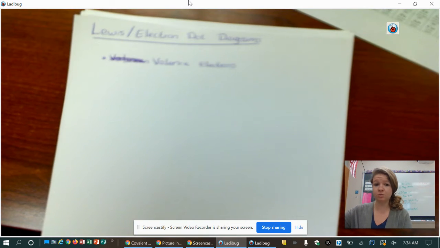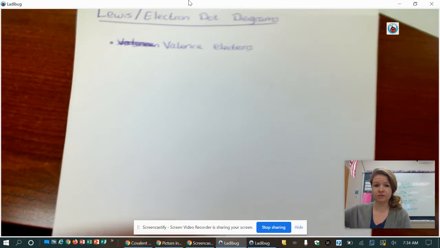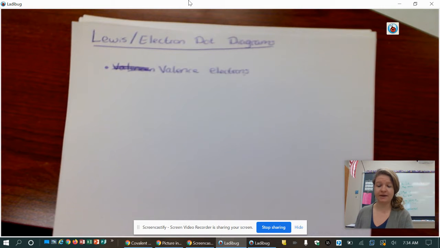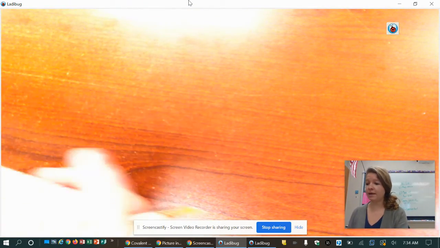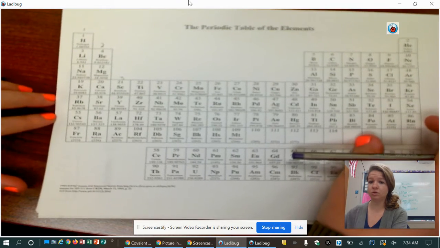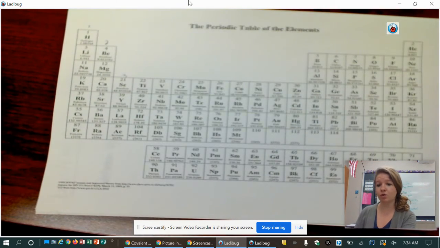When it comes to Lewis, we are just worried about those outside, valence electrons. How do we find those? Periodic table. If you remember from Tuesday, when we're worried about Lewis or electron dot diagrams, we are looking at the group numbers.